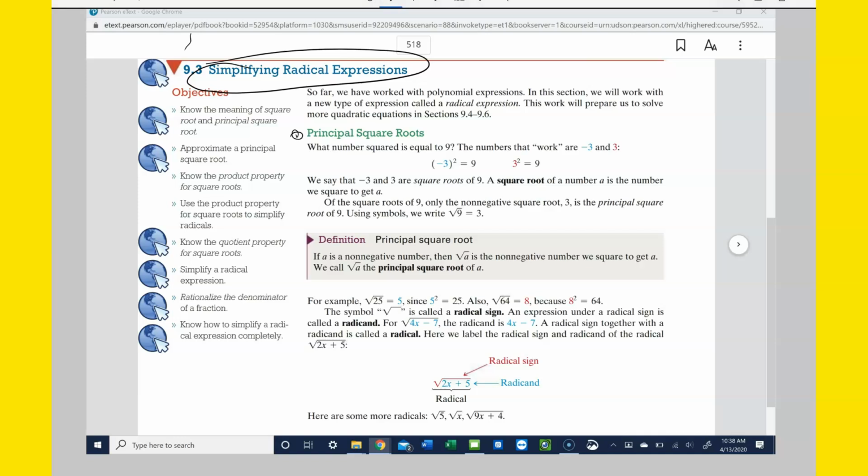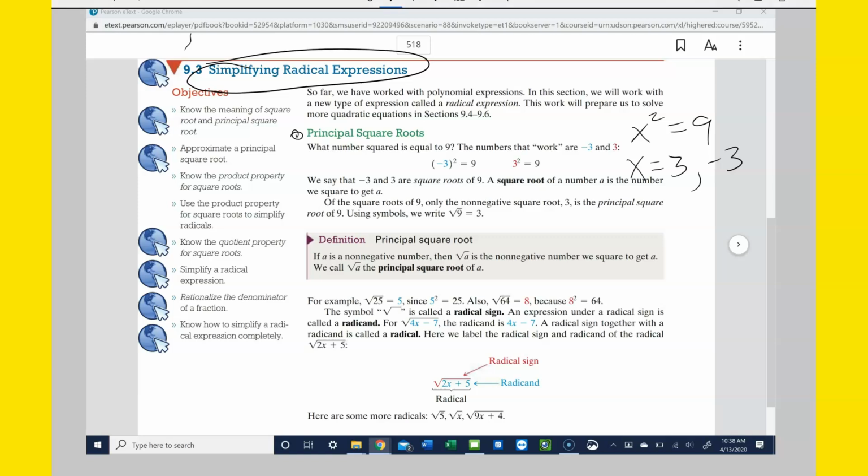All right? So the square root of a number is the number that you can square to get a. So if you had x squared equals 9, then this would be true if x were equal to 3 or if x were equal to negative 3.